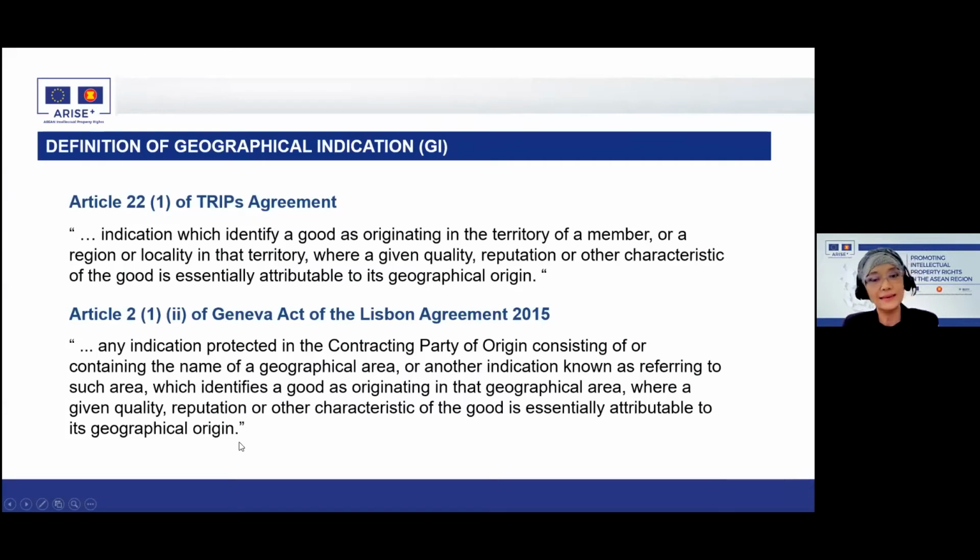Let us remind ourselves of the definition of GI. There are several definitions provided in international legal instruments related to intellectual property.